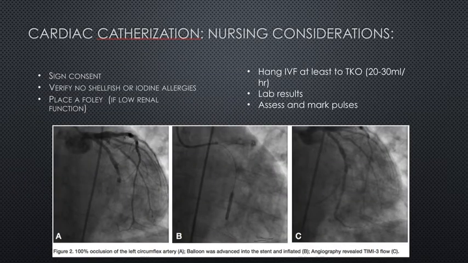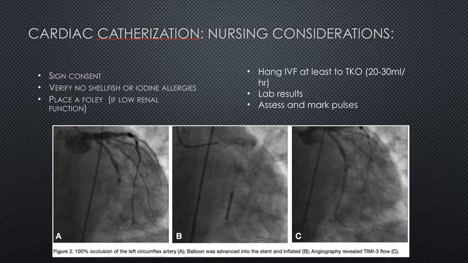Okay, so in this unit we also talk about cardiac tests, and a specific one is cardiac catheterization. So this is what we do when we suspect there is myocardial damage or occluded coronary artery blood vessels.